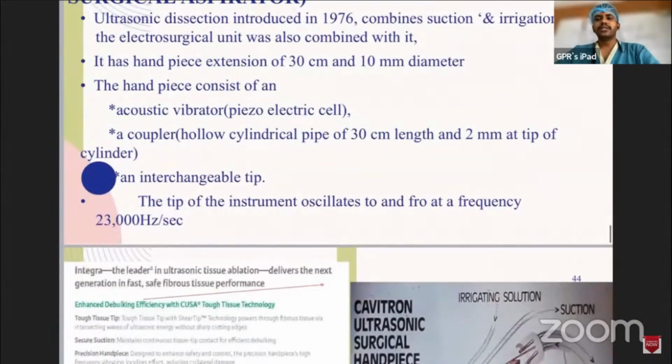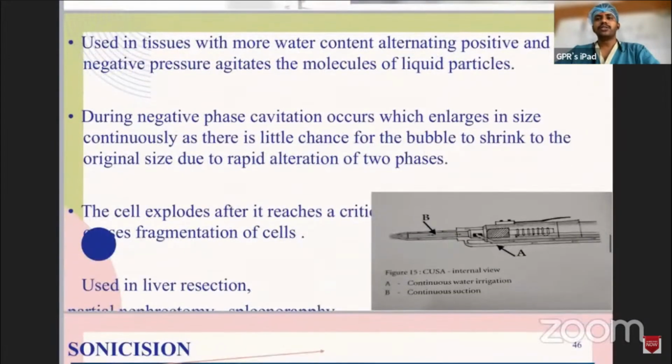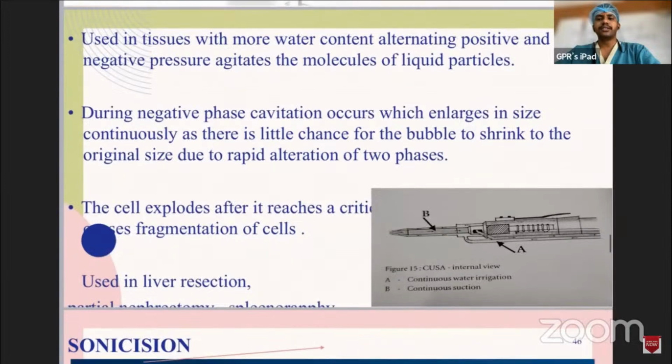This CUSA has its own advantage: it cuts the tissue, it can irrigate the field, and it can also aspirate the contents. It is used in places where there is more water content, with alternating positive and negative pressure that agitates the molecules of the liquid particles.